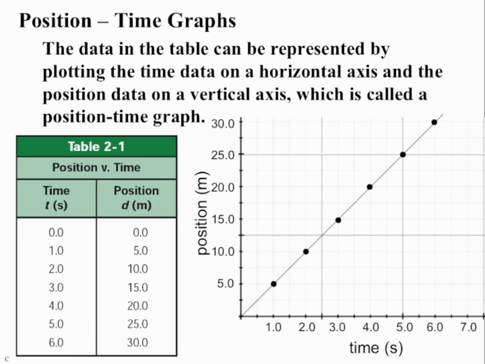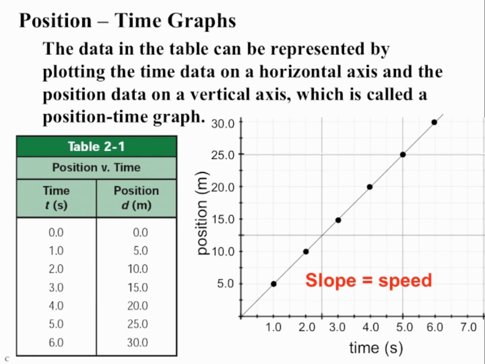At 1 second we've got position of 5, at 2 seconds position of 10, 3 seconds position of 15, and so on. The reason it's helpful to do graphs like this is that the slope of this graph represents something involved with motion that we just talked about, and that is speed.